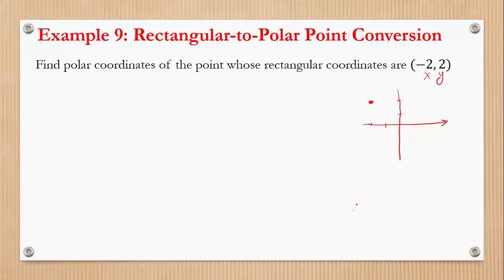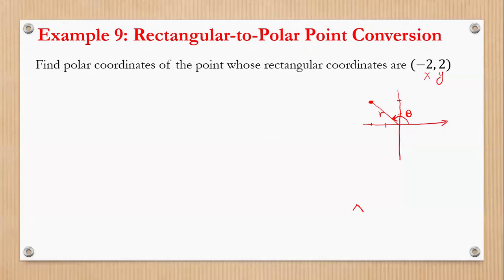And if I connect this point to the origin, I know that this distance is r and this is the angle theta. So if you want to find the polar coordinate, that means you want to find this r and this theta. And when you plot the point, it gives you an idea where the angle is, and based on the quadrant that the angle is in, you can find the angle correctly.